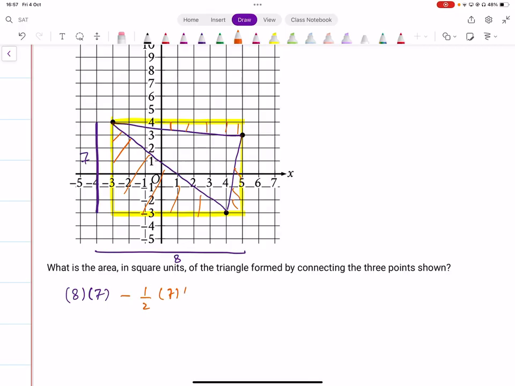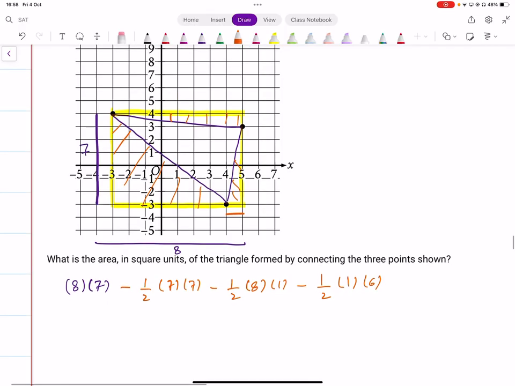Height is also 7. Subtract this triangle. Half into base, that is 8 units, into height, that's just 1 unit. Minus half into base of this triangle, the third one, that's just 1, into height of this triangle, which is 1, 2, 3, 4, 5, 6. And that will give you the area of the triangle in the middle.